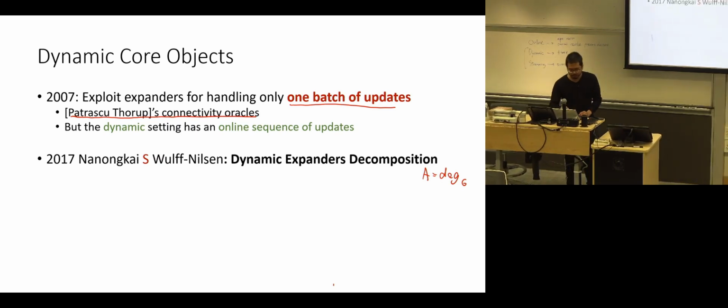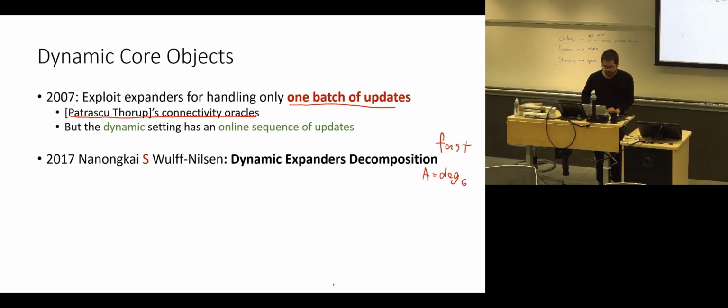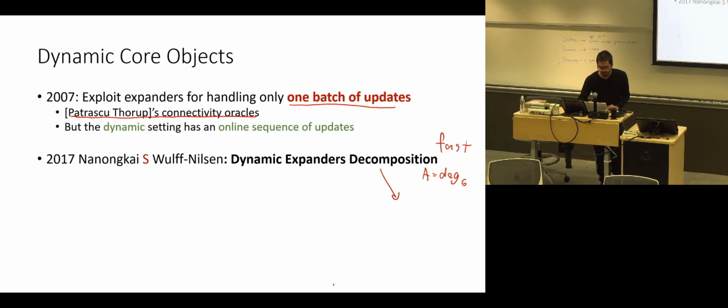So this is fast, and this gives several applications. Actually, what we show is a dynamic MST, dynamic minimum spanning tree, with n to the little o(1) update time. So improved from root n to n to the little o(1).